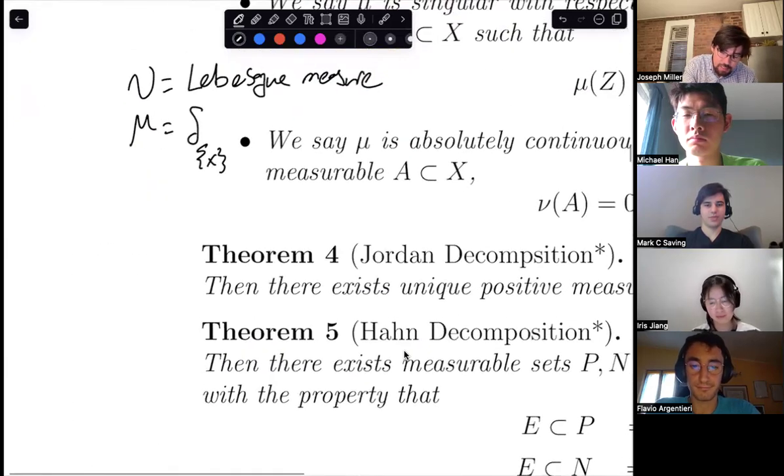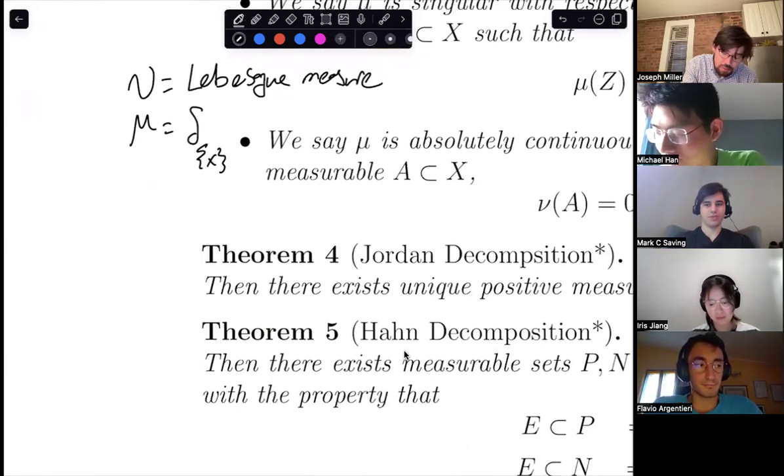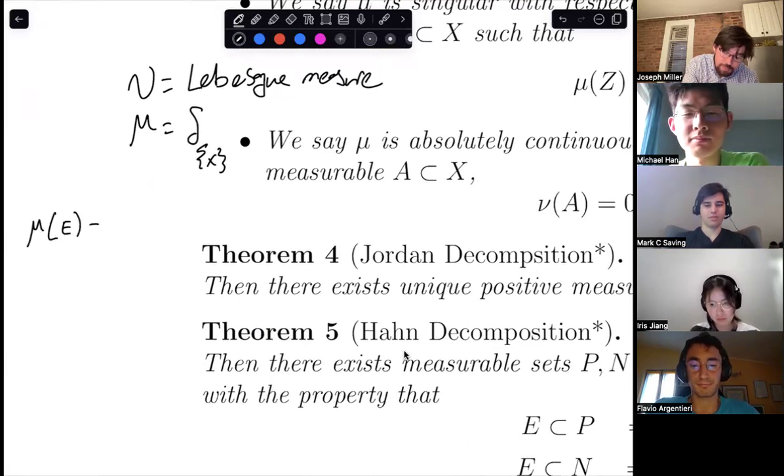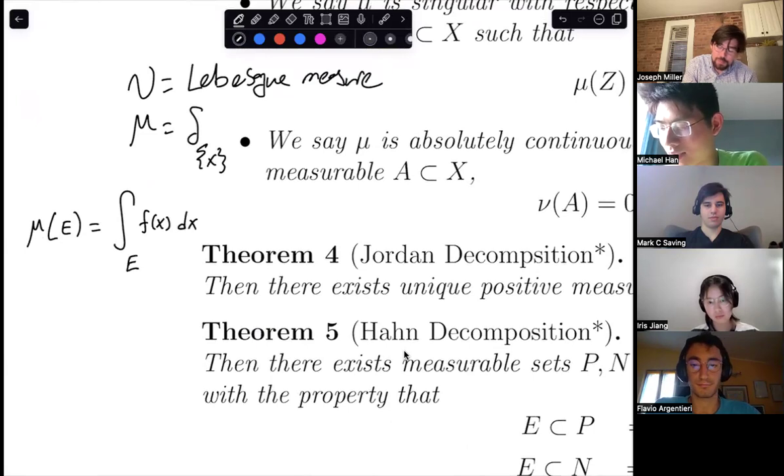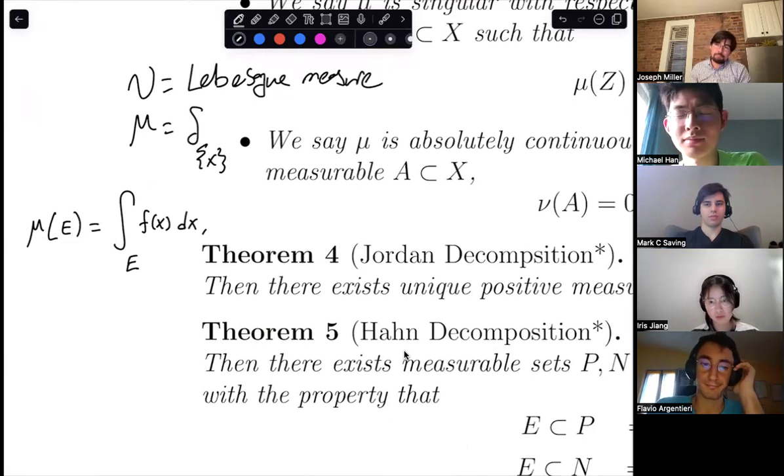So if I define mu of some set E as being the integral of f of x dx over the set E, what conditions do I need on f if I'm to make this a measure?